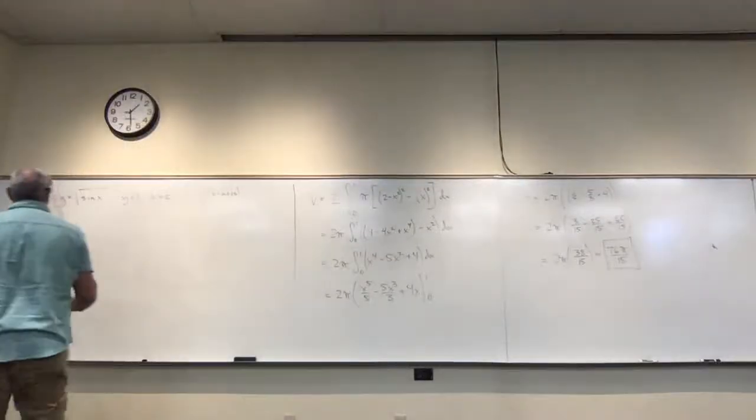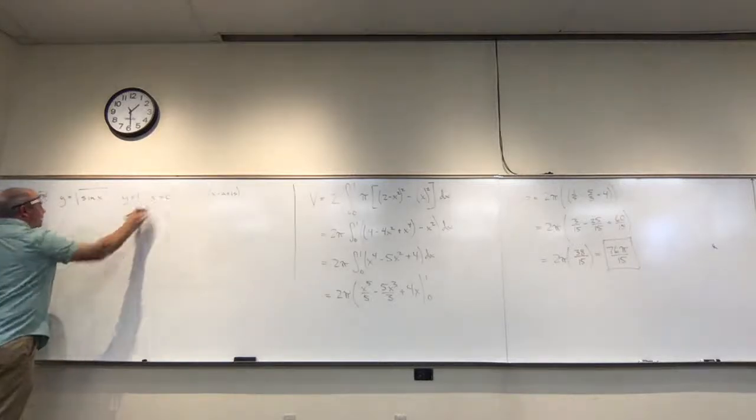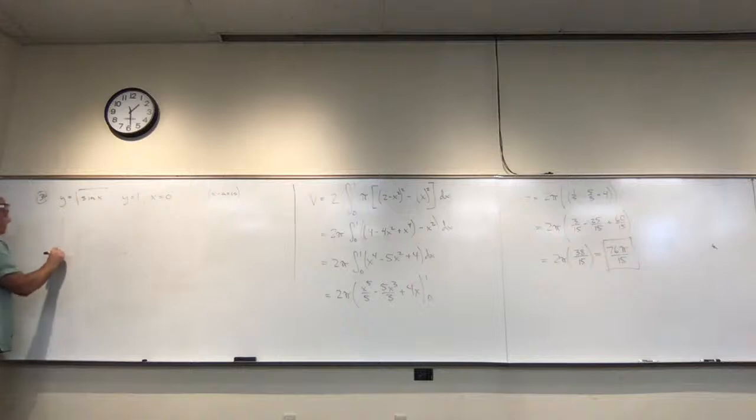So, y equals the square root of sine of x. Let's do the other two first. So x equals 0 is just the y-axis, right? Y equals 1 is up here.